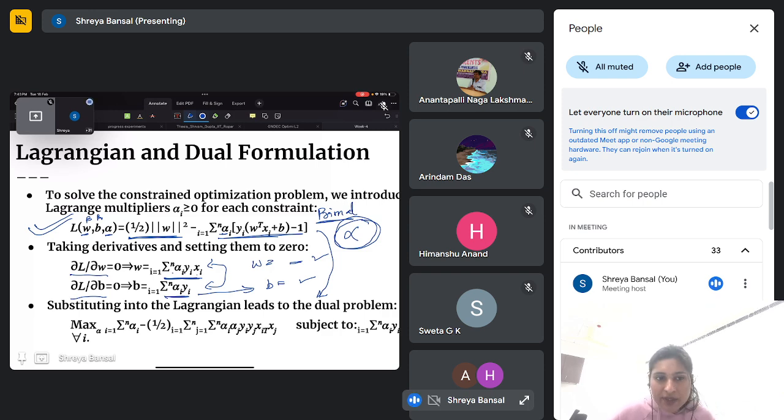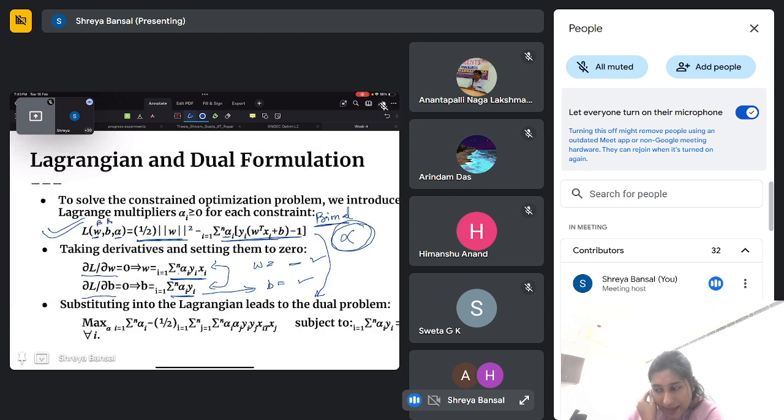Now you have the previous parameters, W and B (beta and beta naught), and one more parameter alpha. Solving this, we get W and beta in terms of alpha, but we don't know alpha. Because we can't simply calculate alpha, we calculate the dual so that we can easily find alpha. The dual says you put the value of this W and beta into this equation and you will get this.